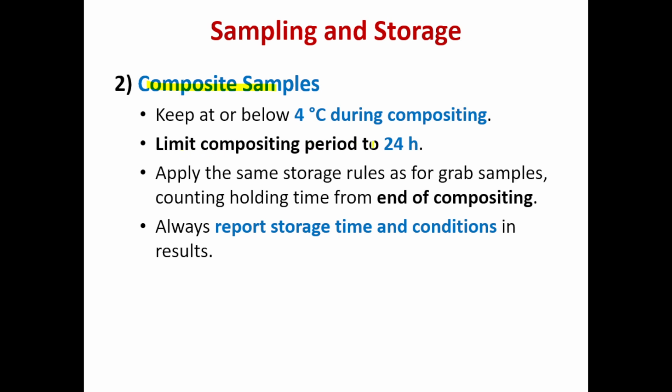The limit of compositing period should be less than or equal to 24 hours. It means that a period of more than 24 hours is not recommended for any type of composite samples. Apply the same storage rule as grab samples.